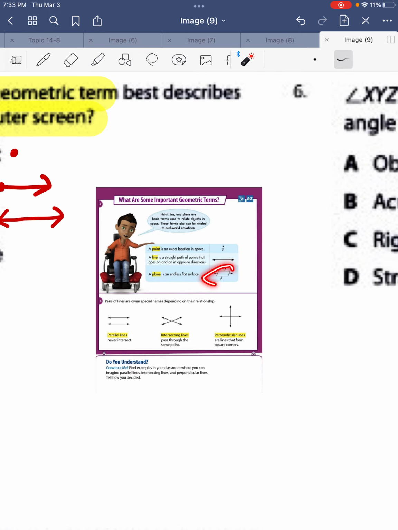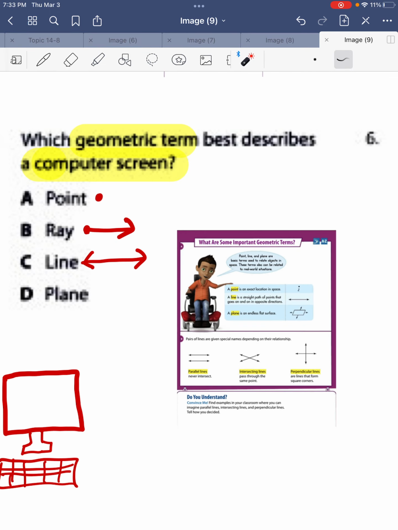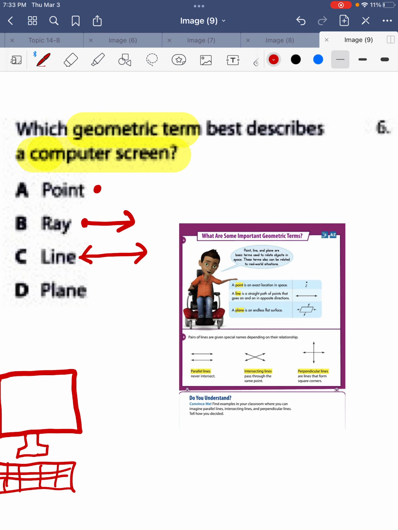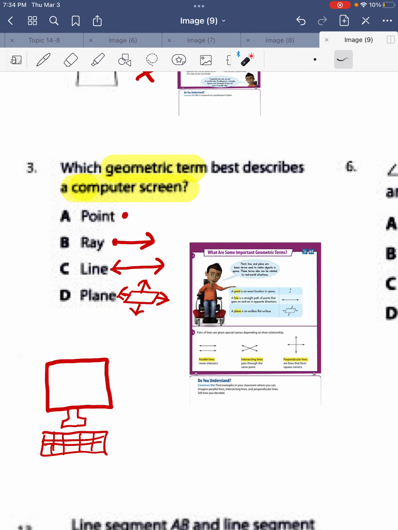So it just looks like this. So that's what I'm going to draw. Okay? So now I need to look to see which term and which picture best matches the computer screen, okay?